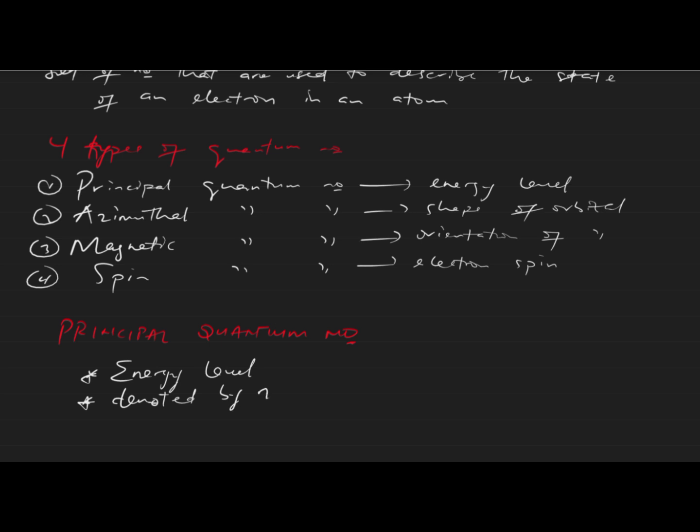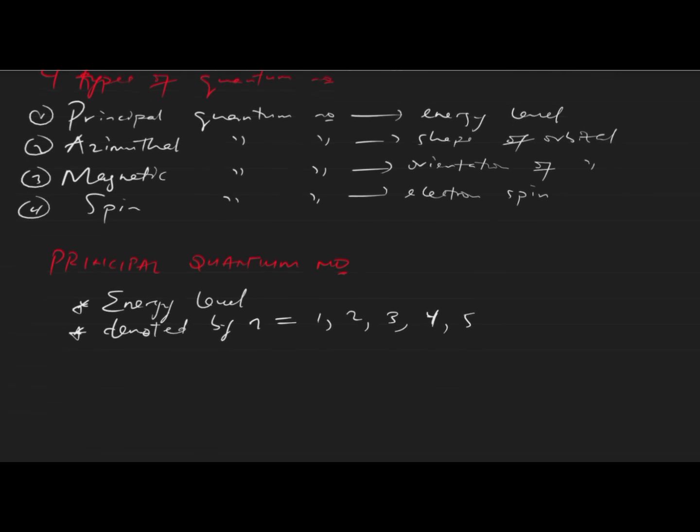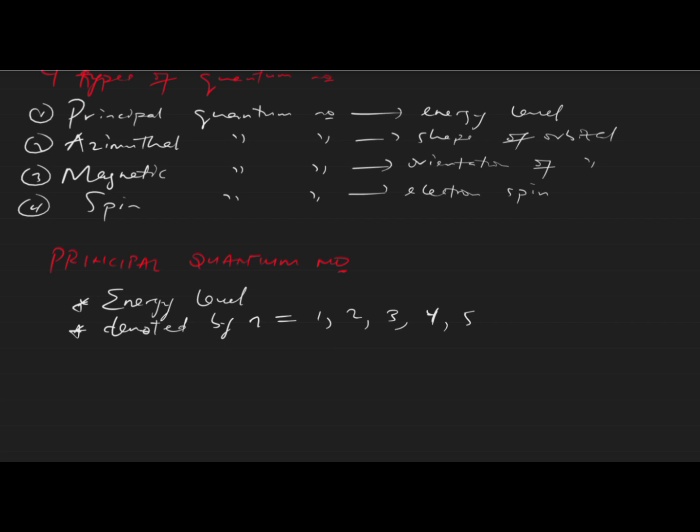Which means n can be equal to 1, 2, 3, 4, 5, and so on, as the case may be. And each of these energy levels is also denoted by specific letters.